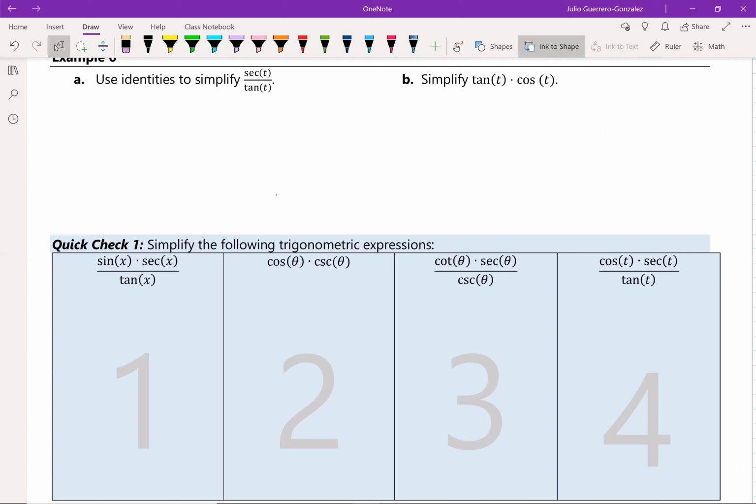There's going to be times, especially in engineering and physics, where you have tremendously nasty, convoluted trigonometric functions that you have to deal with.